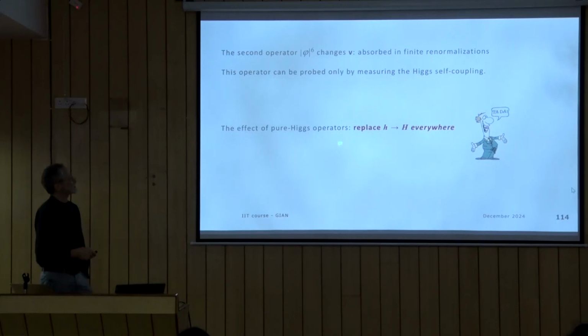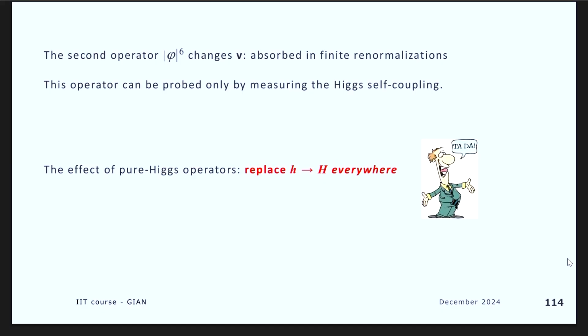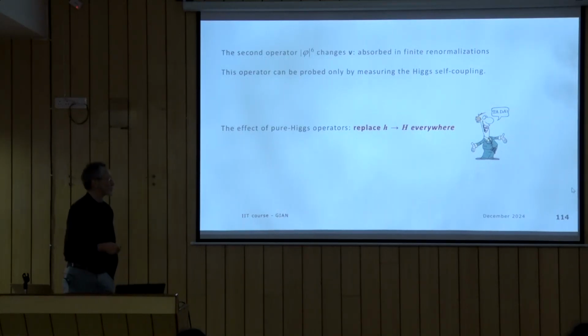As I mentioned here, phi to 6 changes V and can be absorbed in finite renormalizations. This can be proved only by looking at Higgs self-interactions. Higgs triple, quartic, quintic, and sextic vertices of the Higgs are generated here, but those are not the interactions we're talking about here.